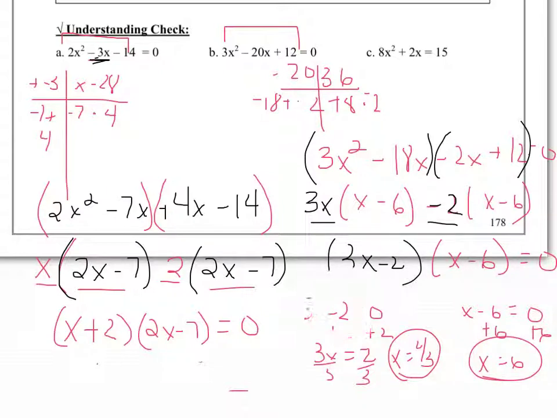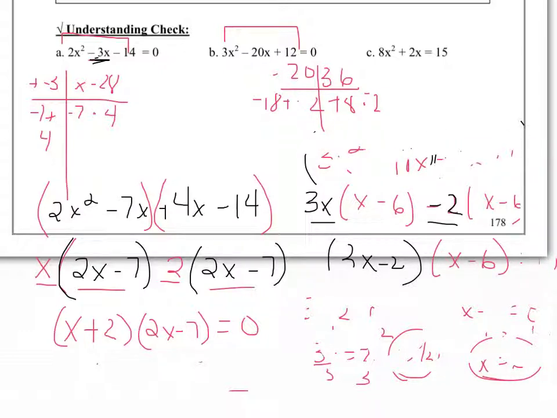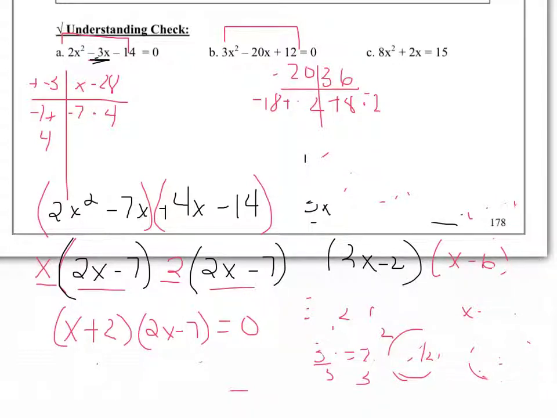Alright, and then let's try the last part, number C. I'm going to erase here to make a little bit more room. So you notice that part C looks a little bit different. It's not already set equal to 0, so that's something that we're going to have to do. Okay, so here we have 8x squared plus 2x.